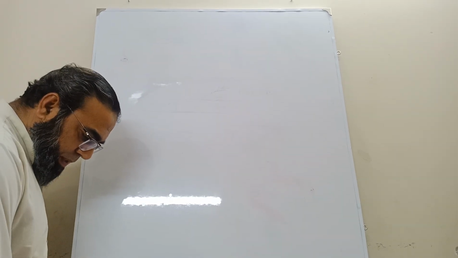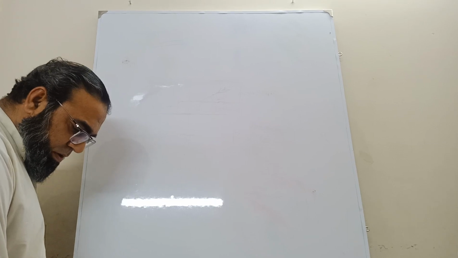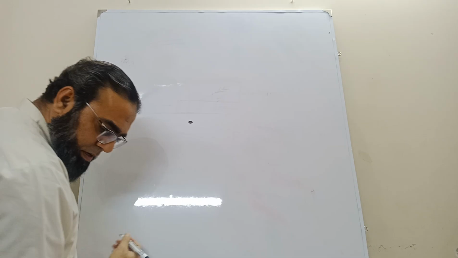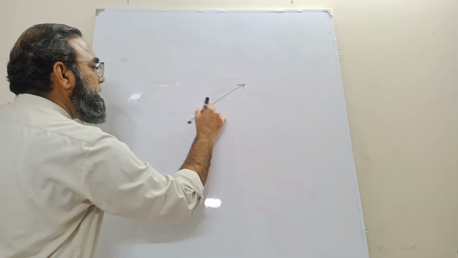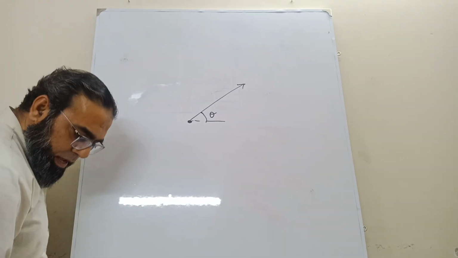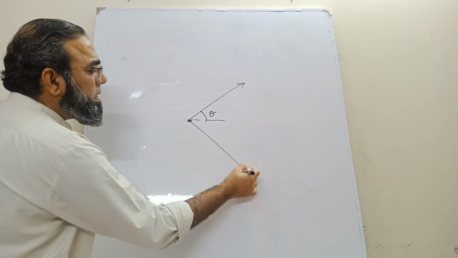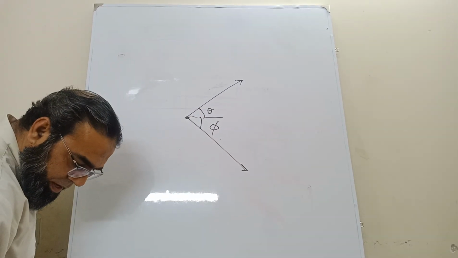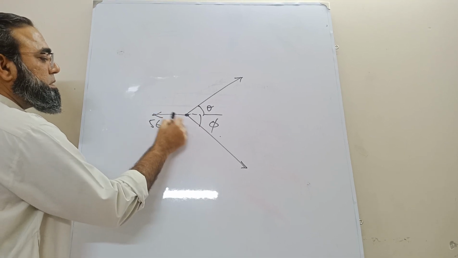It says a wooden block is held in position by three horizontal forces. So there is a wooden block. There is one force F acting at theta degrees, and another force G acting at phi degrees, and then there is a force of 56 newtons.